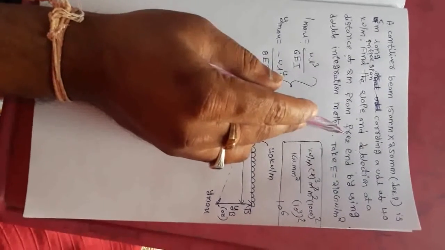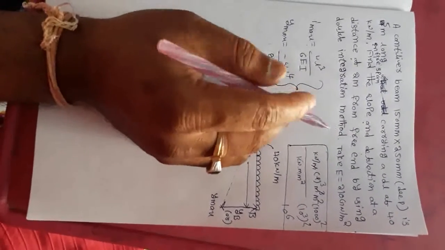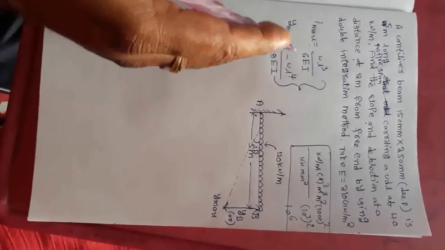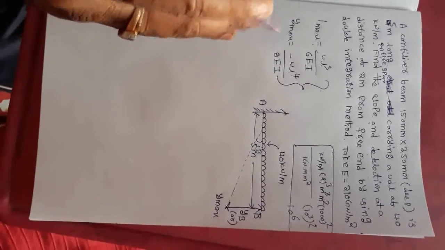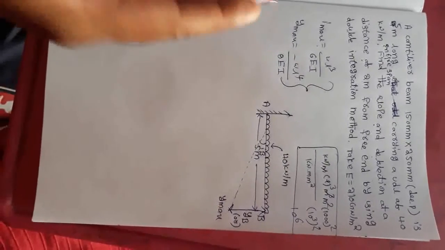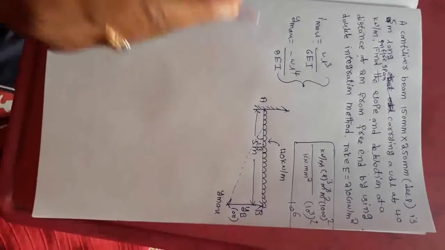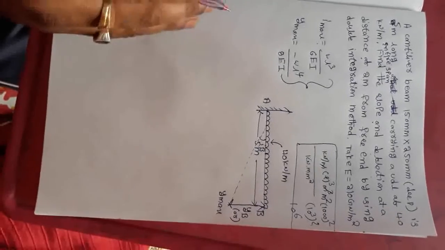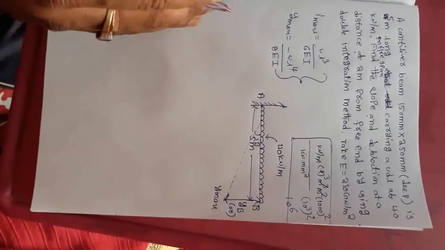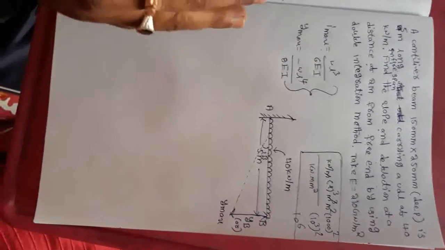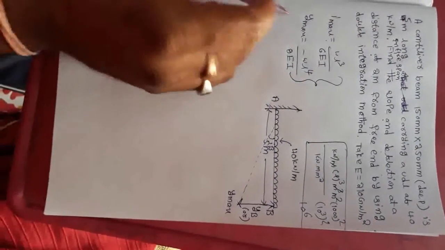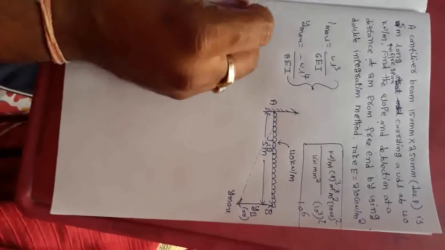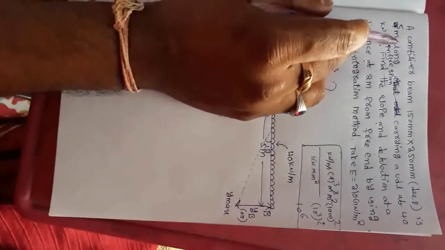So this is a different problem from those problems. You can find the slope and deflection at the free end through these formulas, but here he requires them at a distance of 2 meters from the free end only. So for this particular problem, today we are going to solve it by using the double integration method, by the derivation for a cantilever beam subjected to UDL over the entire span.